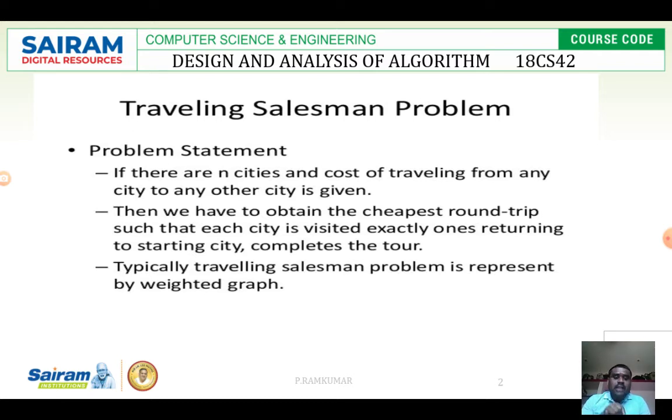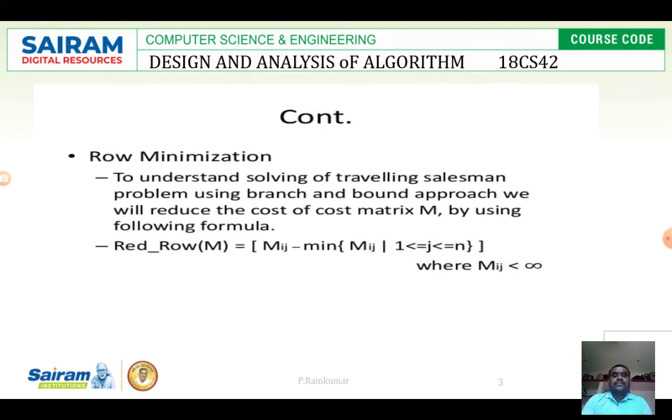I have to start my travel at one position, then visit all other cities, all other vertices in this graph, then at last reach the starting position. That is called the traveling salesman problem. Mostly the traveling salesman problem is represented by a weighted graph.